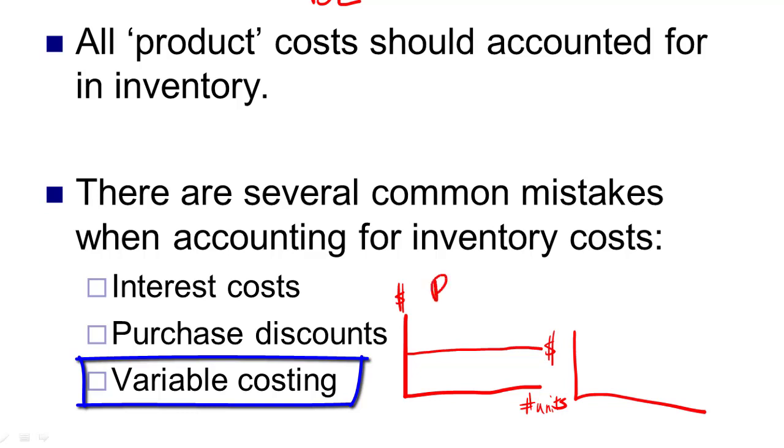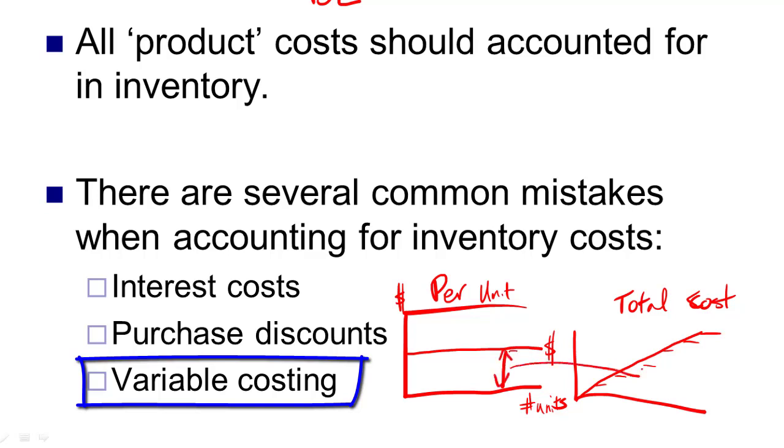This is my per unit cost. And over here, if I do my total costs, variable costs look like this. They start at 0 with no units, and every unit I sell or produce goes up by this amount.